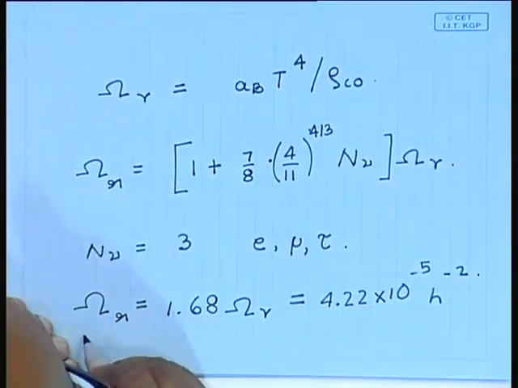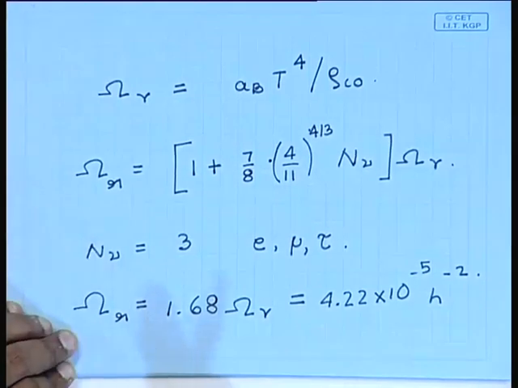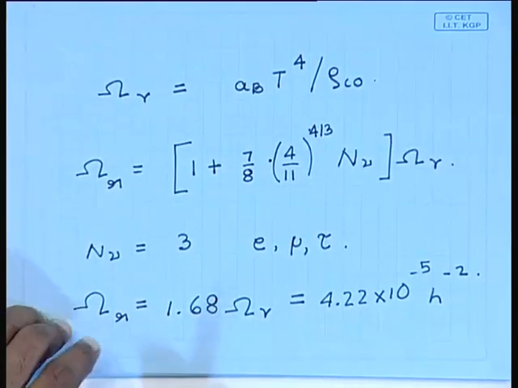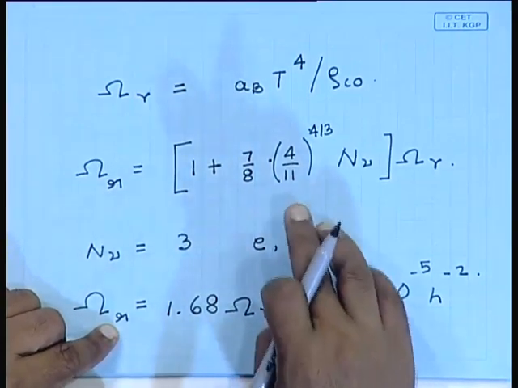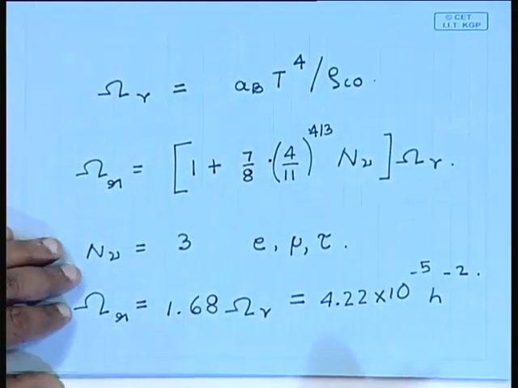Okay. So this is the energy density, the density parameter for the relativistic particles in the universe, where we have also included the neutrino contribution.